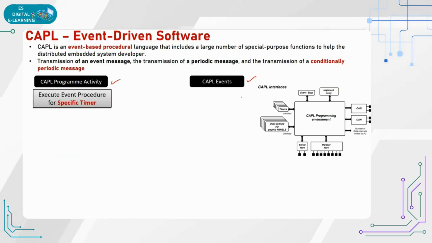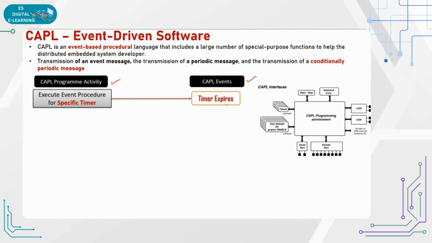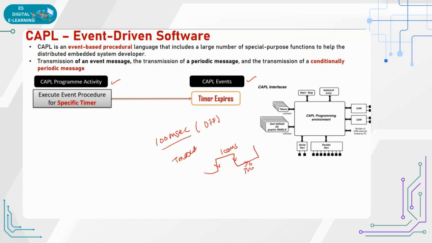Coming to the programming activity, what we are doing and what the events are. As we know, specific timers will be there, and whenever the timer runs out, it will be a timeout. If you send the message at 100 milliseconds, only at that time the message should go. After 100 milliseconds it should be off. Timeout is: you are sending pulses at 100 milliseconds, and after 100 milliseconds it should time out. Timeout happens, it will be off, again it will be on.